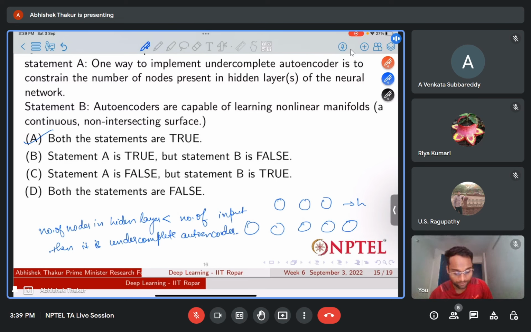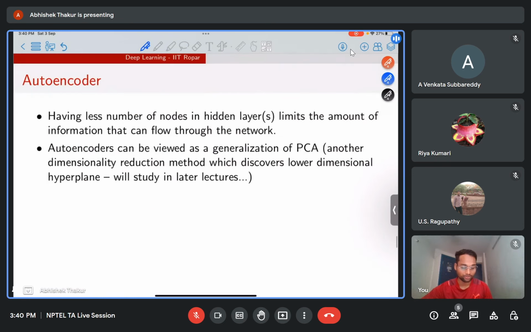Okay. Option B, autoencoders are capable of learning non-linear manifolds, a continuous non-intersecting surface. Yes, it is non-linear, and it is just a generalization of PCA.